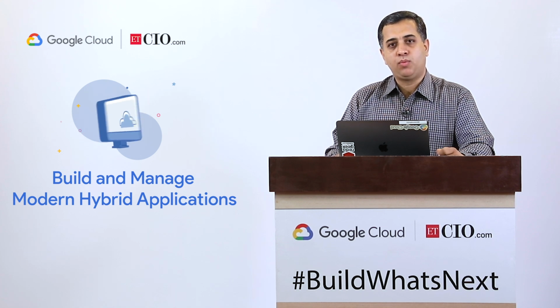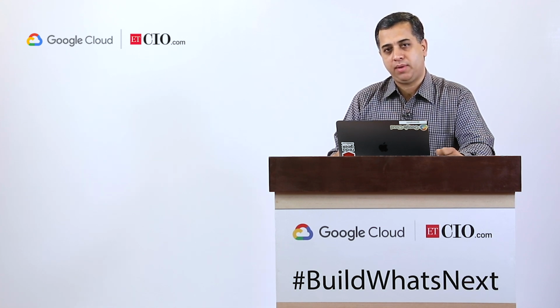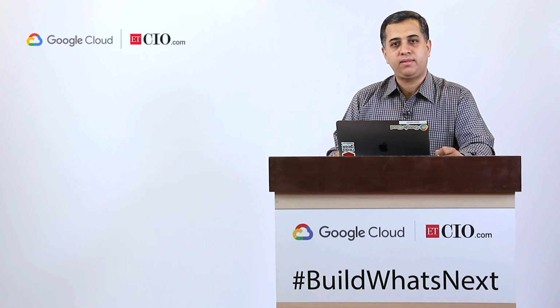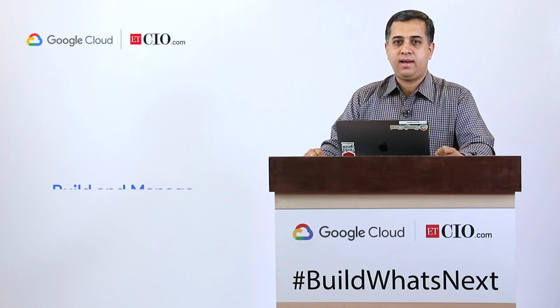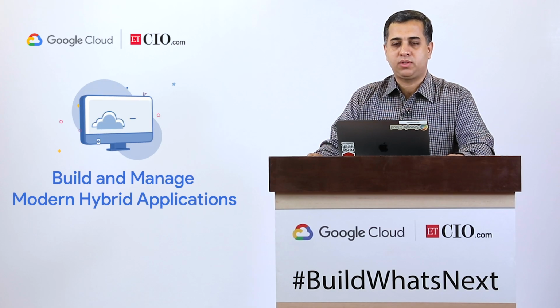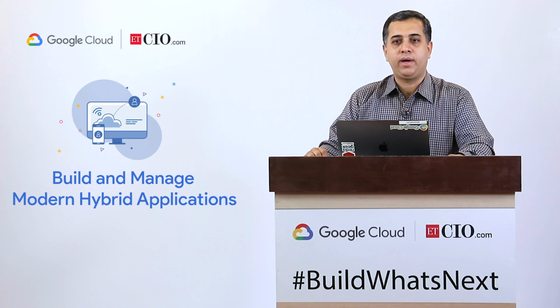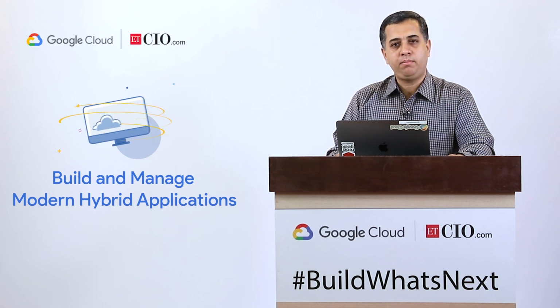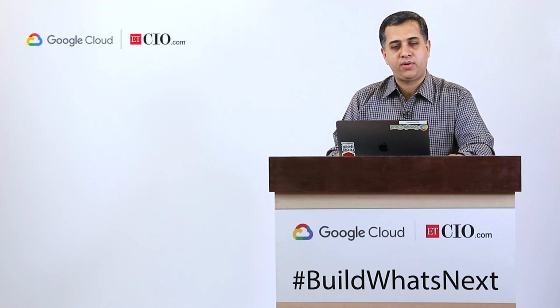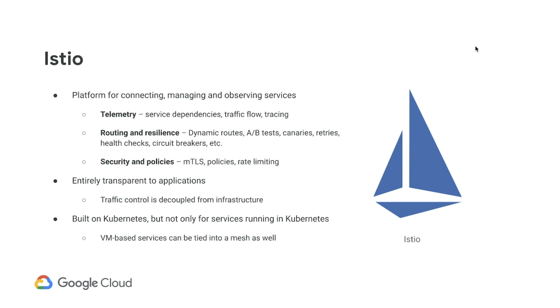But as more and more microservices started coming up as a result of Kubernetes and its increased adoption, there was a need to manage, monitor, and secure the web services. And Kubernetes was unable to take care of that all by itself. As a result, Google, along with IBM and the ride-sharing app Lyft, created an open source project called Istio.